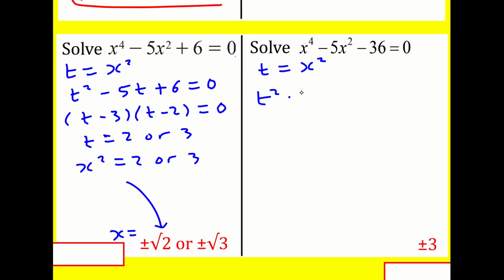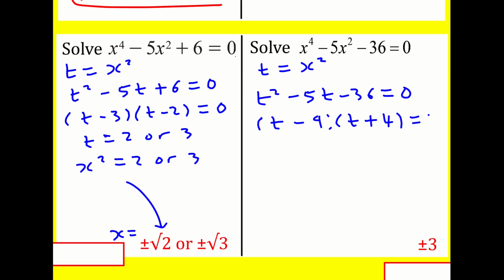It's going to become t squared minus 5t minus 36 equals 0. T minus 9, t plus 4 equals 0. So t is equal to minus 4 or 9. X squared equals minus 4 or 9.